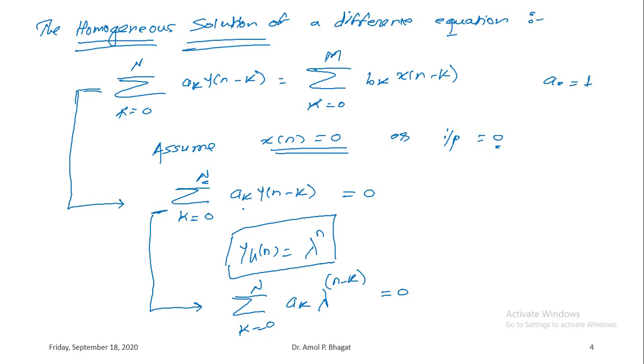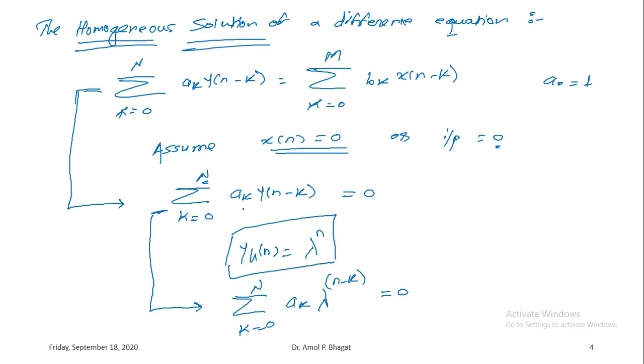Here we have seen the procedure to identify the homogeneous solution. Initially you will assume the input is equal to 0, because from the homogeneous solution you are identifying the zero input response. The generalized form of the homogeneous solution is y h of n is equal to lambda to the power n. That value will be substituted in the given difference equation.